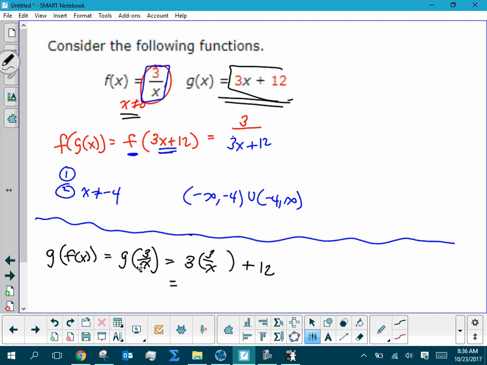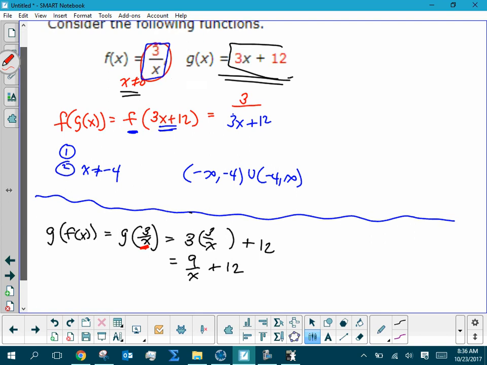We can simplify that. We get 9 over X plus 12. I am seeing people want to condense that into one fraction. Nothing wrong with that. It's going to be a practice that we need to do in the next couple chapters. But you can leave it as 9 over X plus 12 right now. It's no big deal. So in this case, again, we want to go back up to the input function, which was 3 over X. And what could X not be as an input value? 0.